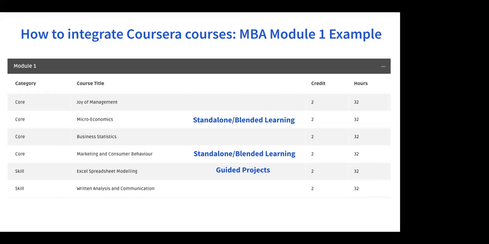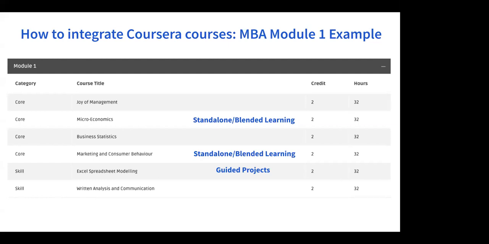Now, in this case, what faculty can do is they can pick and choose the subjects where they want to blend Coursera. And then there are 2 ways of offering the courses. In some cases, you can even make that subject standalone. By standalone, we mean that we have a lot of courses on microeconomics already.